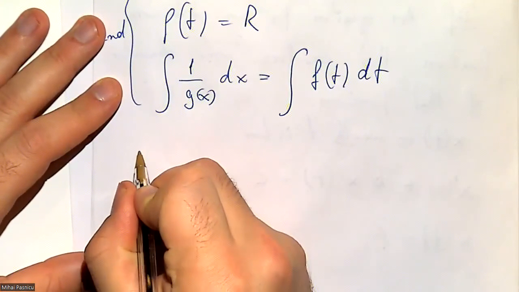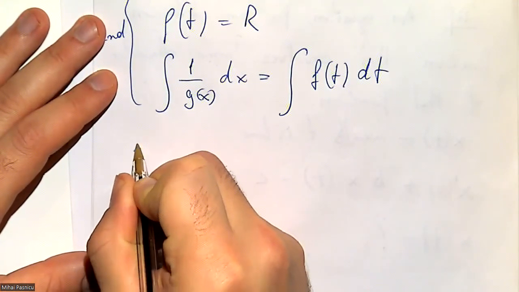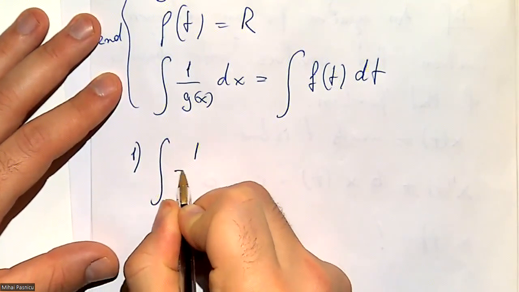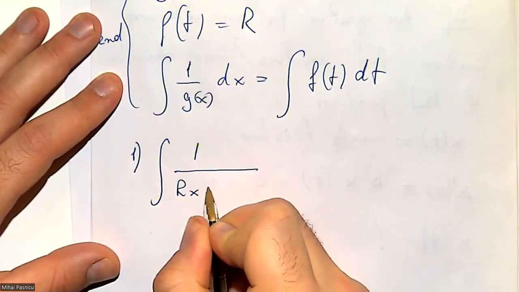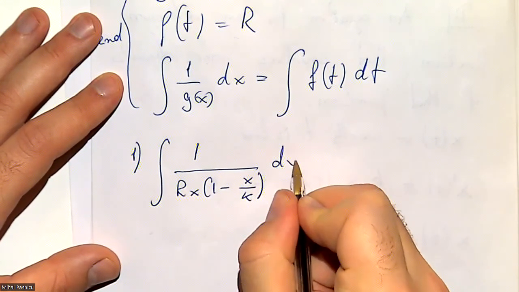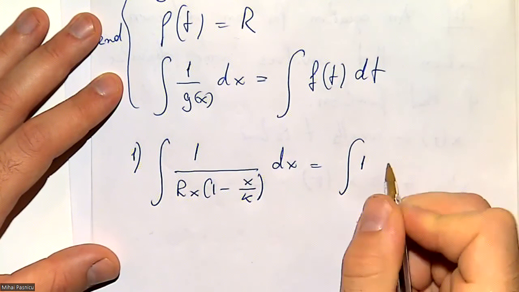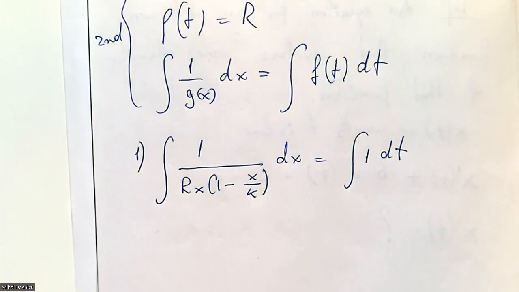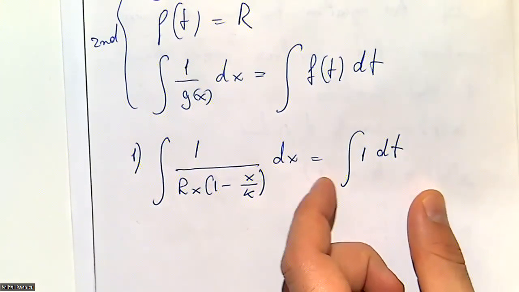The first case is going to be the integral of 1 over r x (1 minus x over k) dx equals the integral of 1 dt. Remember, I said usually you're going to have one harder, one easy.